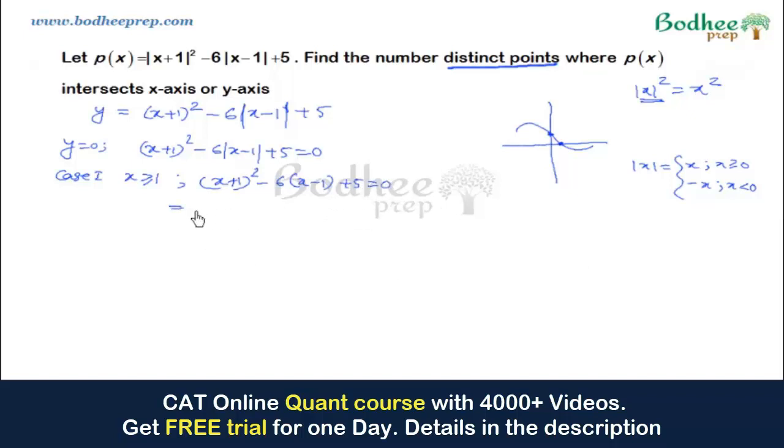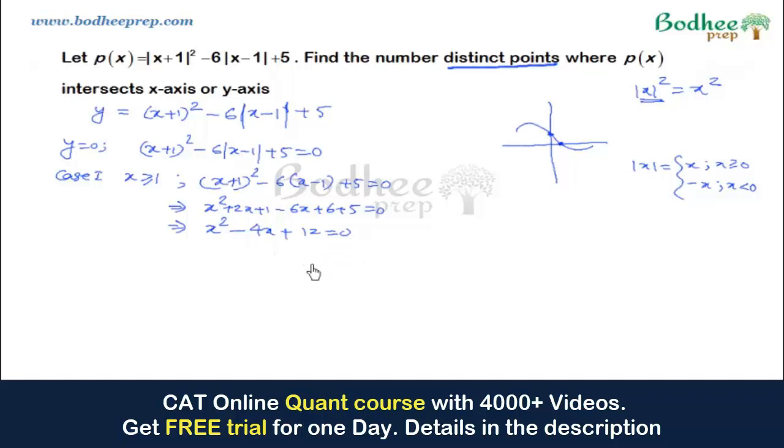So solving this equation, it will be x square plus 2x plus 1 minus 6x plus 6 plus 5 equal to 0. On further simplification we get x square minus 4x plus 12 equal to 0.